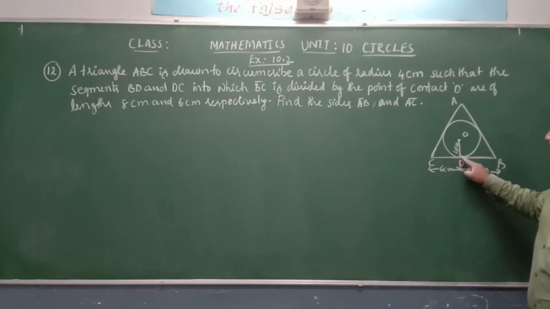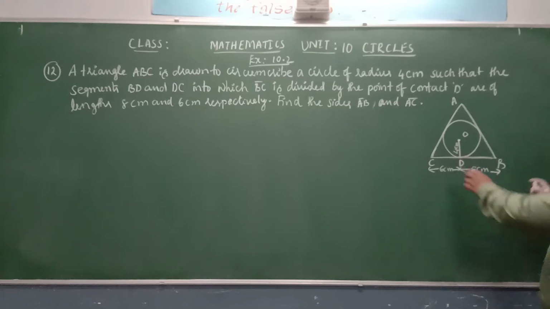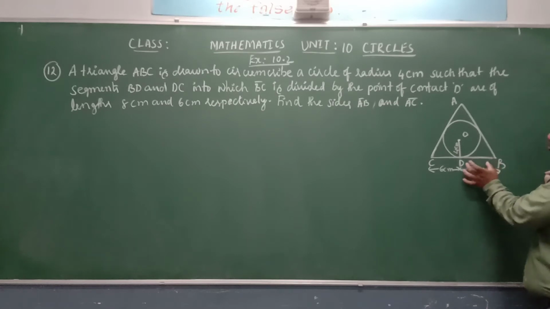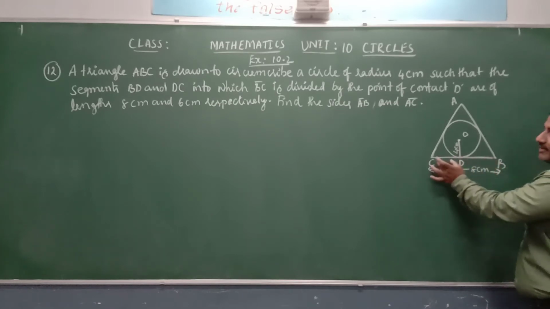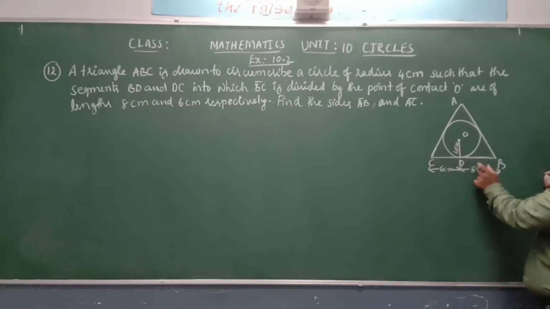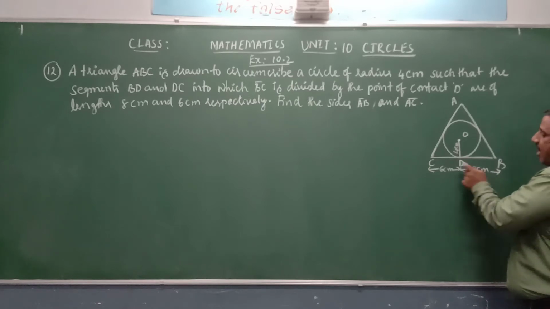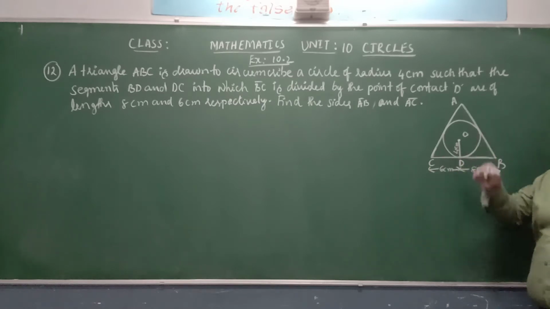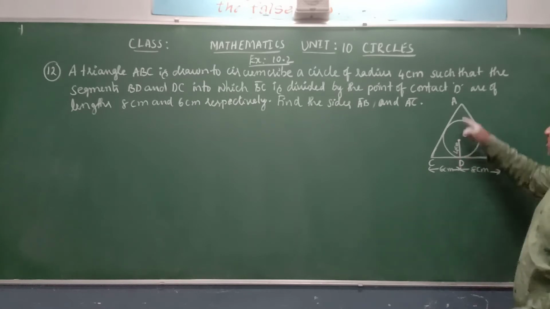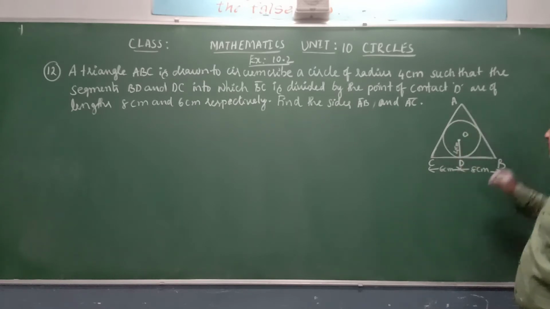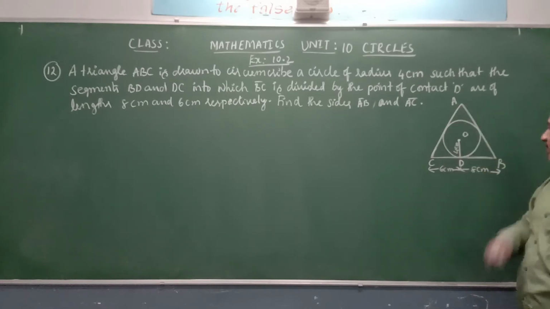This point of contact D divides BC into two segments, BD and CD, such that BD is equal to 8 centimeters and CD is equal to 6 centimeters. Then find the length of AB and the length of AC.